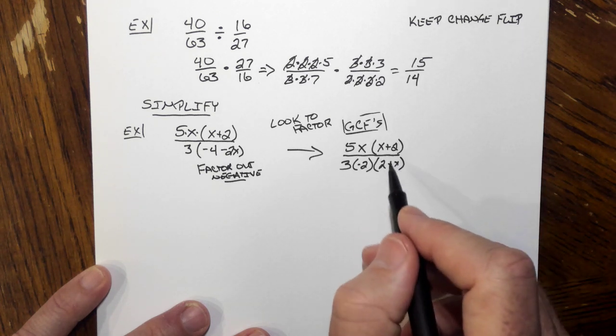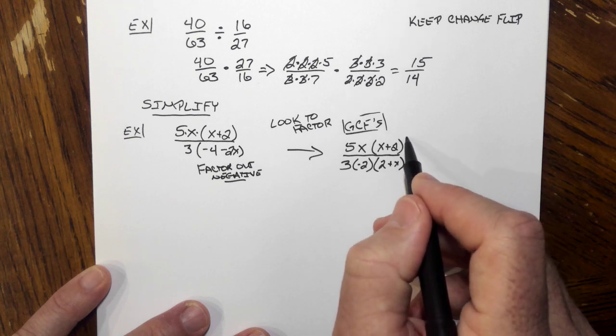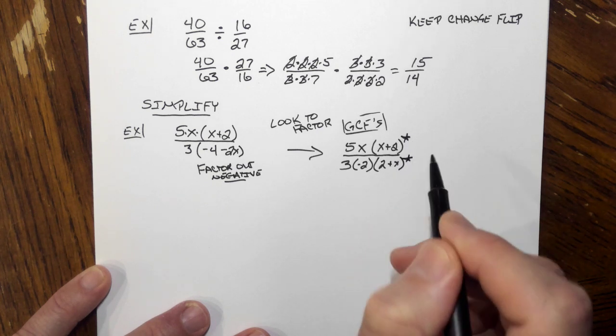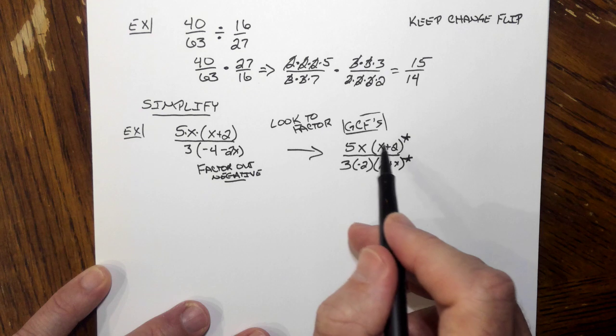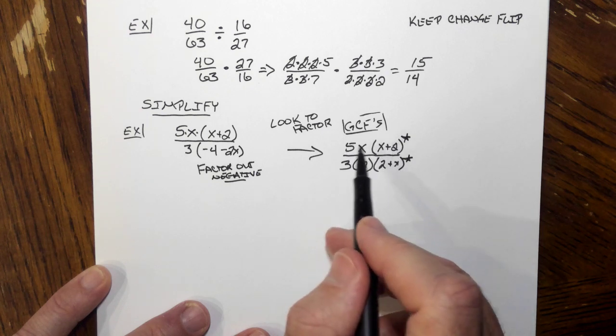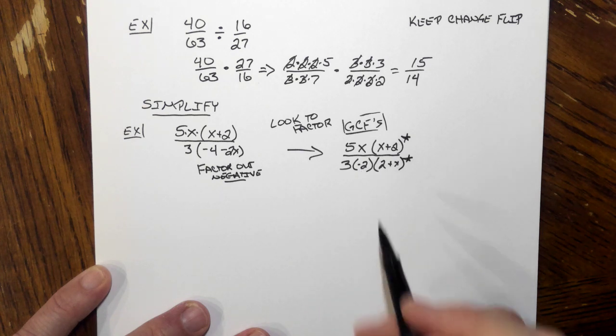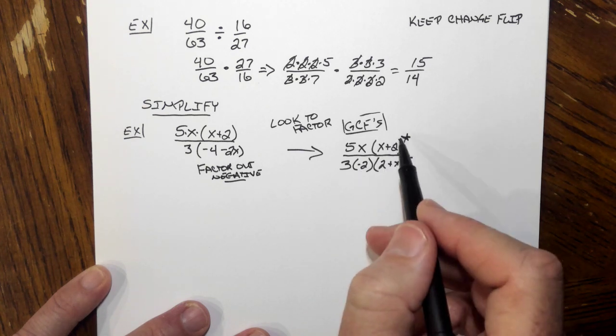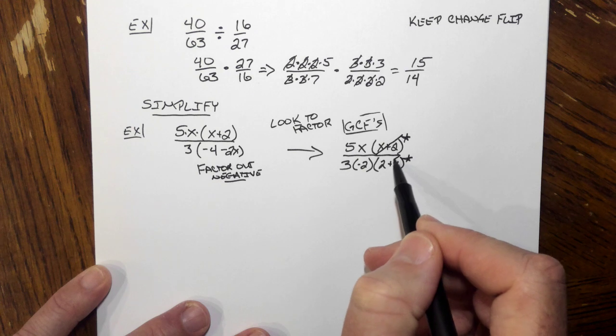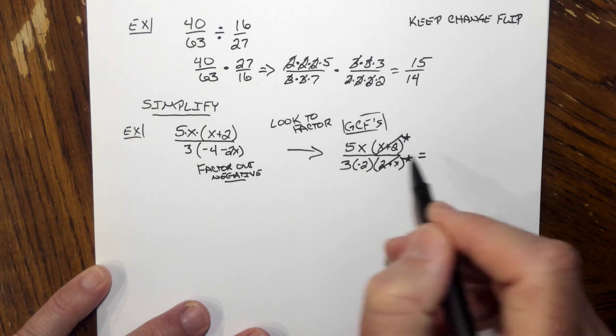So I look and I see that this is common to this. This whole quantity is a factor. This whole quantity is a factor. So there's 1, 2, 3 factors up here now. 1, 2, 3 factors here. These two are common to each other. So they can cancel each other out. Nothing common here.